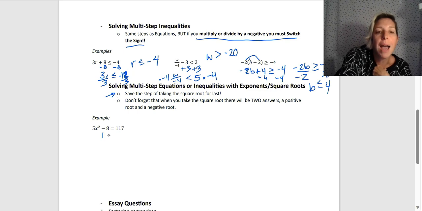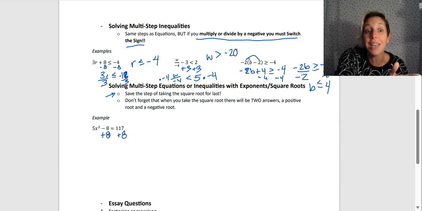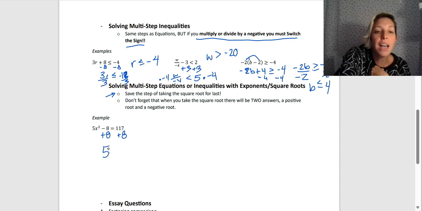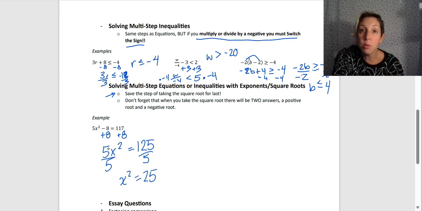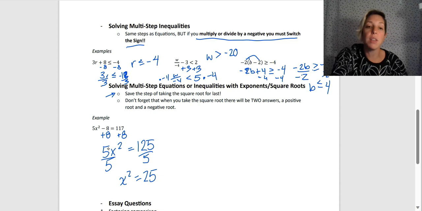So for this problem, I would add 8 to both sides. Again, you can use a calculator. 5x squared would be equal to 125. Divide both sides by 5. X squared is equal to 25. Here's where you would take the square root. Again, I'm saving this for last.